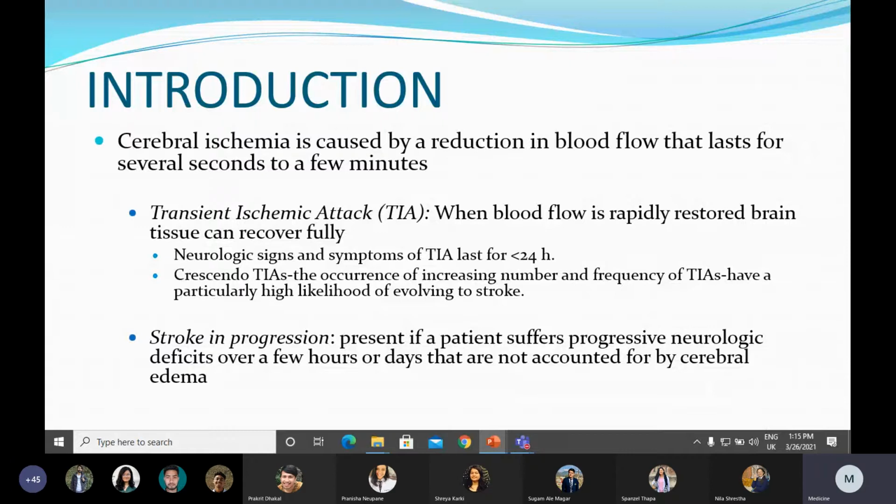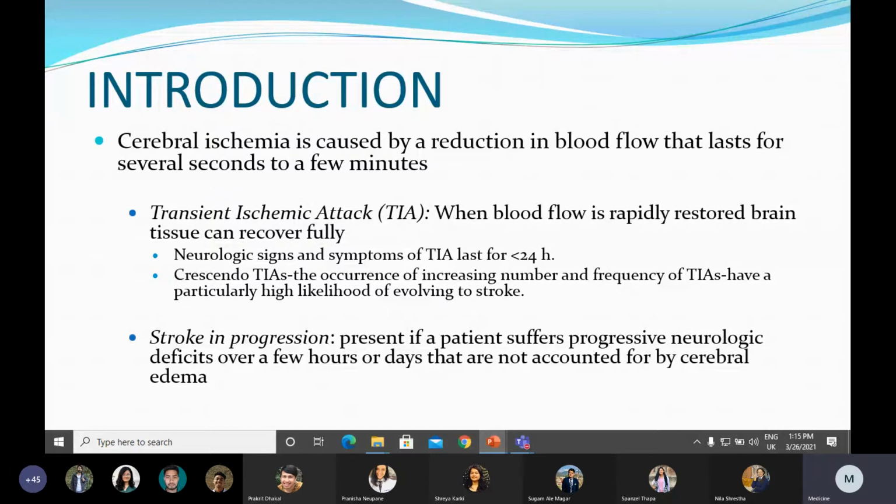So in a patient with an ischemic stroke, you may have a past history of transient ischemic attack or crescendo TIAs.